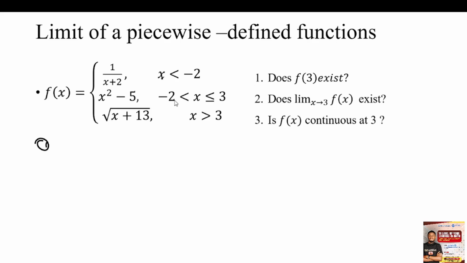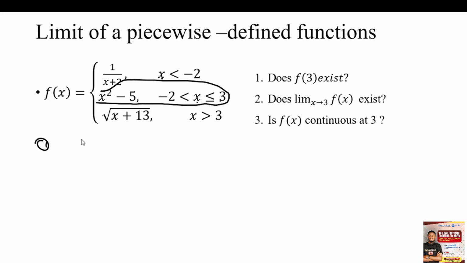Then we check the second one, x is greater than negative 2 but x is less than or equal to 3. And then the last one, we have root of x plus 13 with x greater than 3. So among these 3 parts, you can clearly see that the second one satisfies our first condition, where x is equal to 3.